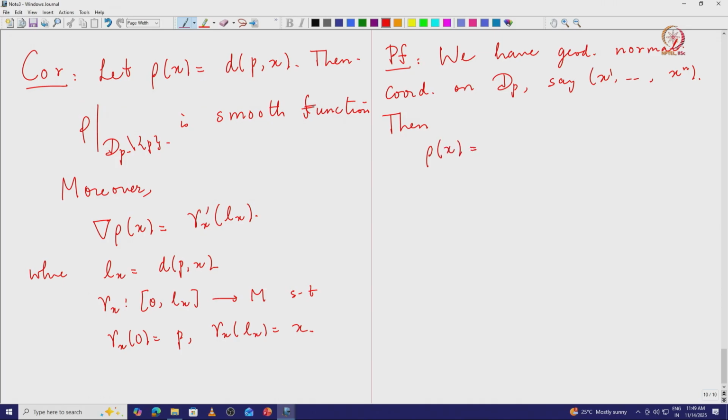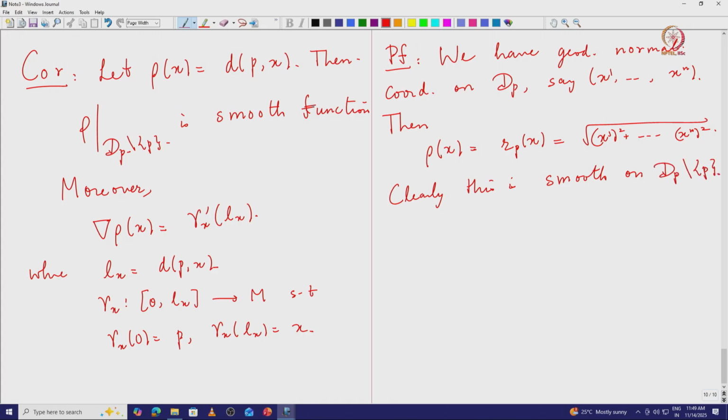So then this distance function rho of x is simply this function r_p that I defined earlier, which is basically just the Euclidean distance in the geodesic normal coordinates. So clearly this is smooth. If you look at the right hand side, that's smooth everywhere except when all x1 up to xn are 0, which means that this is clearly smooth on all of dp minus the point P.